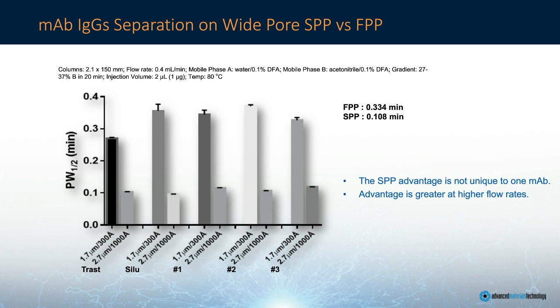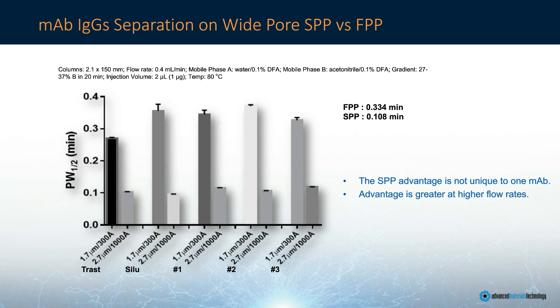When we look at this advantage, it's not unique to one monoclonal antibody. Here, this chart is comparing the performance of a 1.7 micron 300 angstrom to that of a 2.7 1,000 angstrom material.